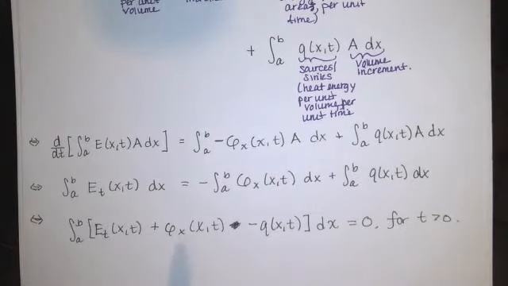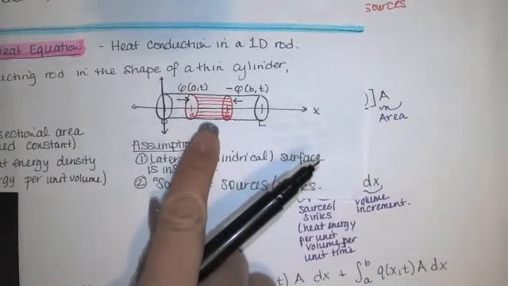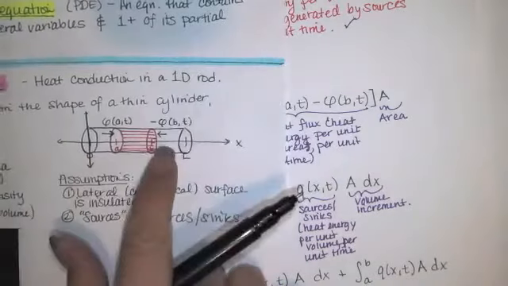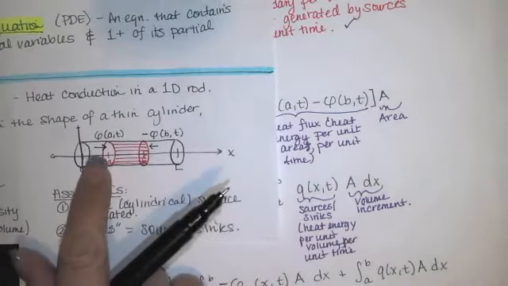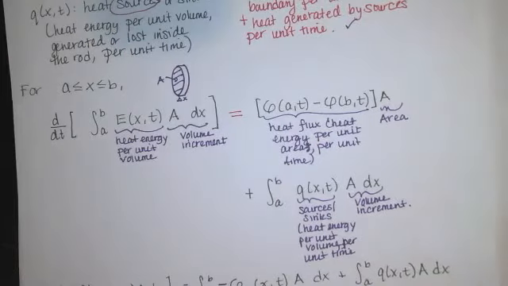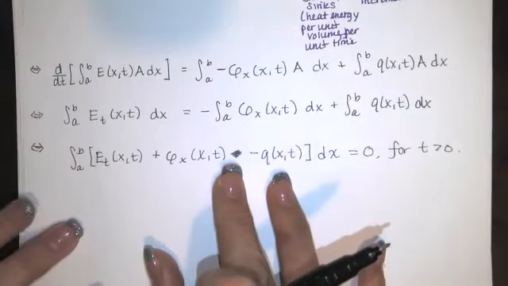And it's also true for any a and b. Remember where we started. Over here. It's something that looks like this. If it's true for any a and b, it doesn't matter which x value we choose to start or which x value we choose to stop. If that doesn't matter at all, then that must mean that the integrand is 0 all the time.